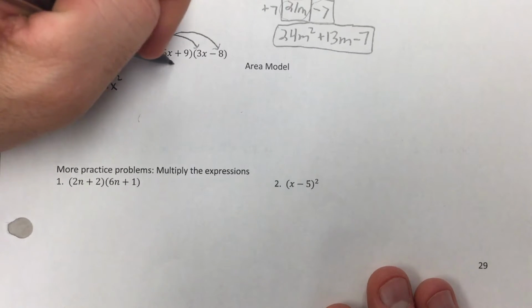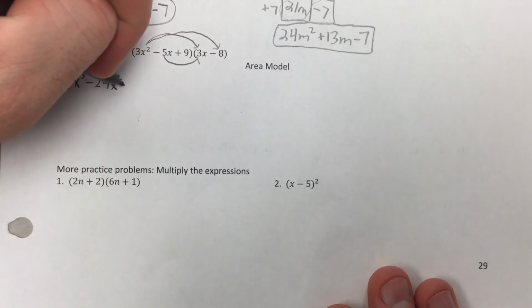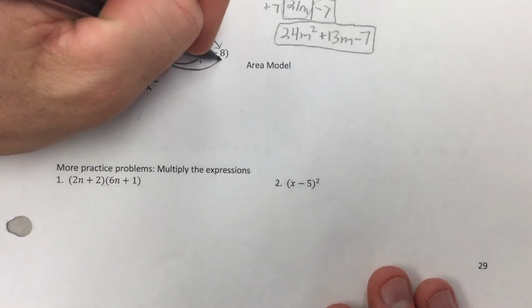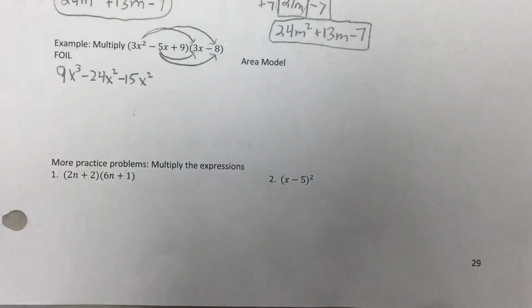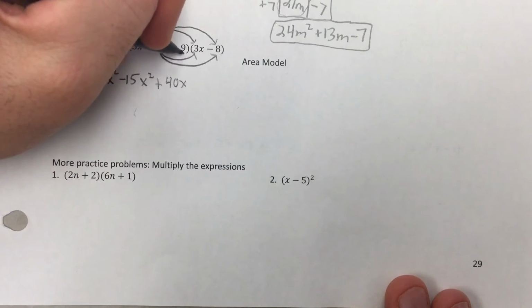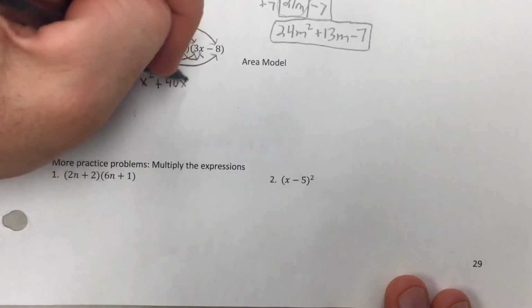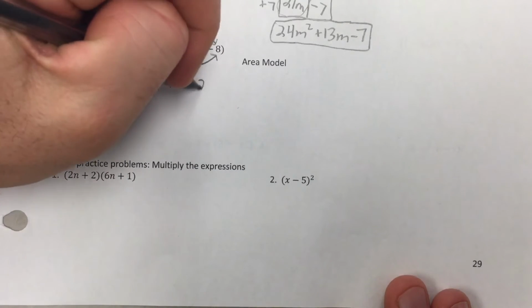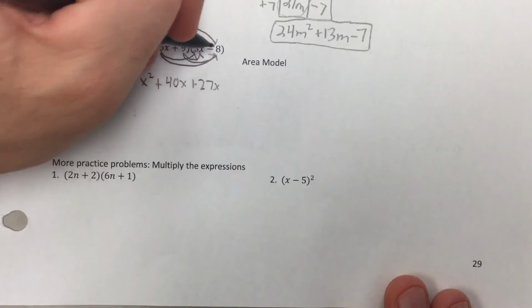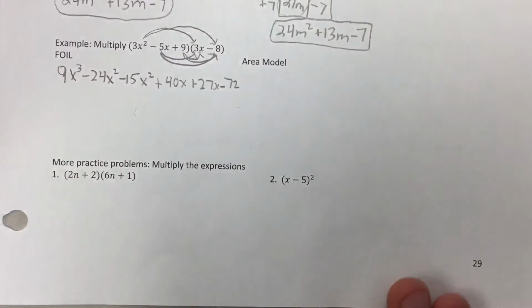Then I have to take negative 5x times both the terms. So negative 5 times 3x is negative 15x squared. Negative 5 times negative 8 is positive 40x. And then I have to take the 9 times both the terms. 9 times 3x is 27x, and 9 times negative 8 is negative 72. And then I have to combine like terms.